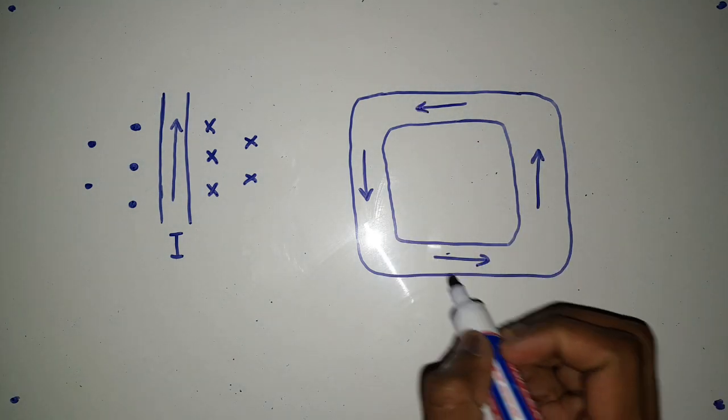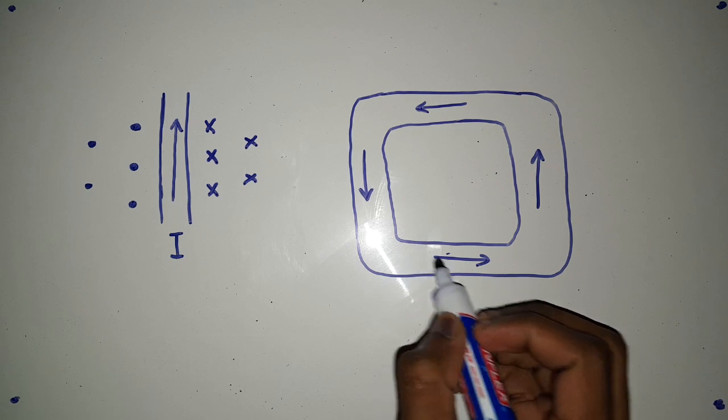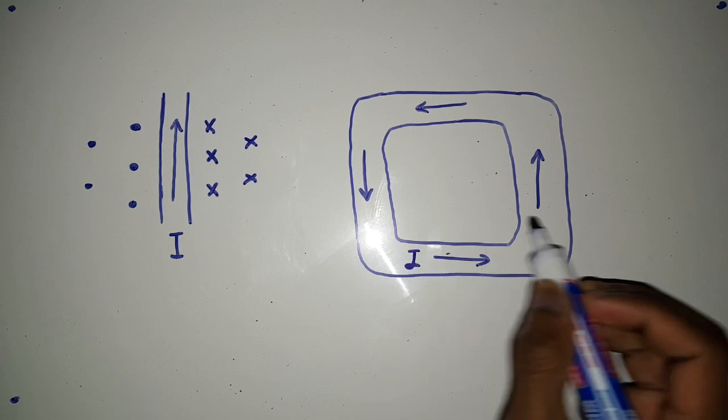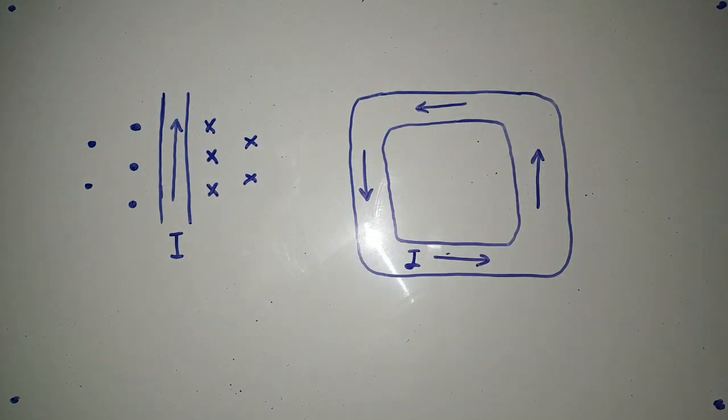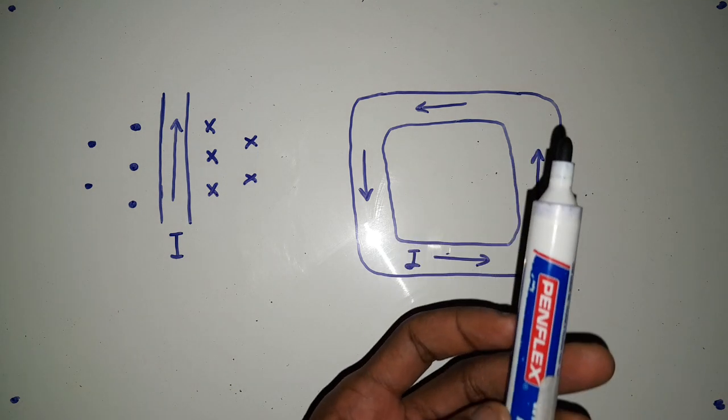Let us determine the direction of the magnetic field. We are going to approach each of these wires using this marker.